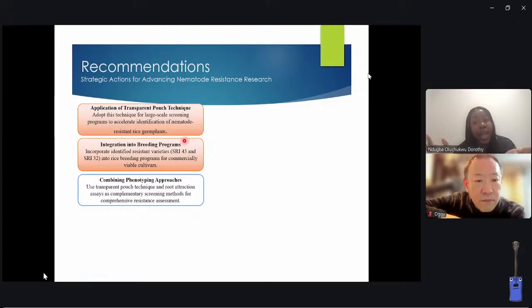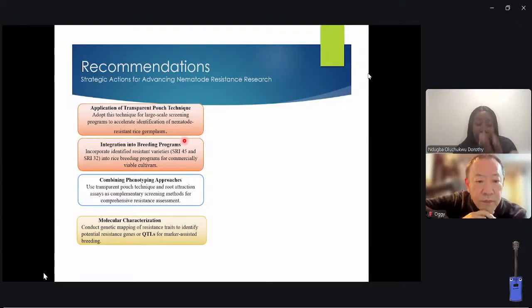And also, I recommend that when screening for rice that is resistant to nematode, you should combine both approaches, which are the transparent paper pouch technique and the root attraction assay, for comprehensive resistance assessment.